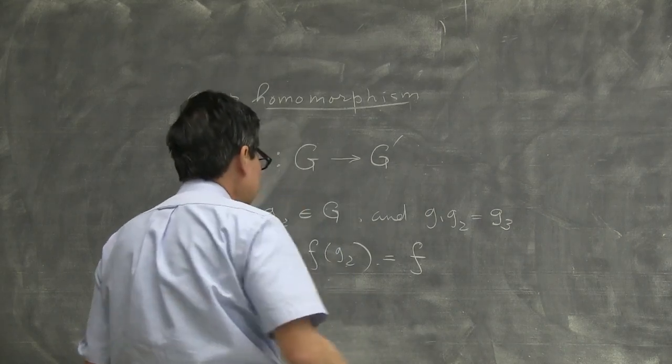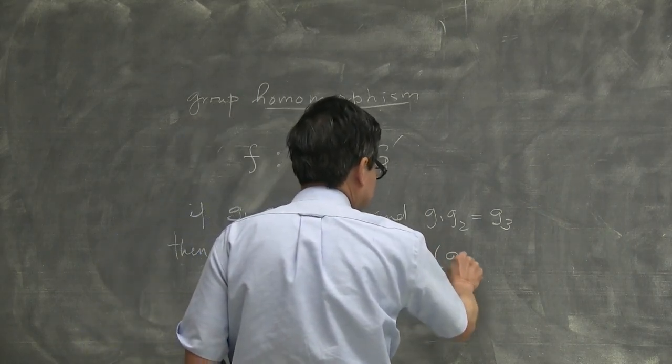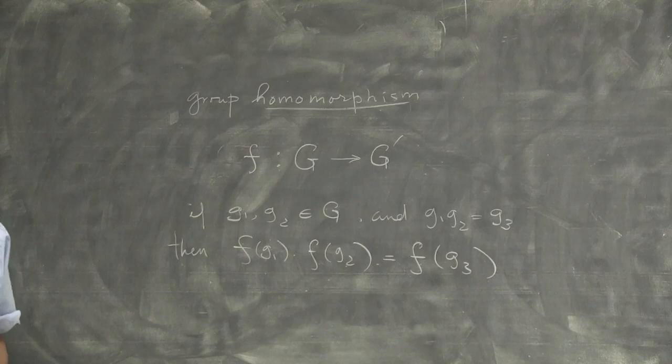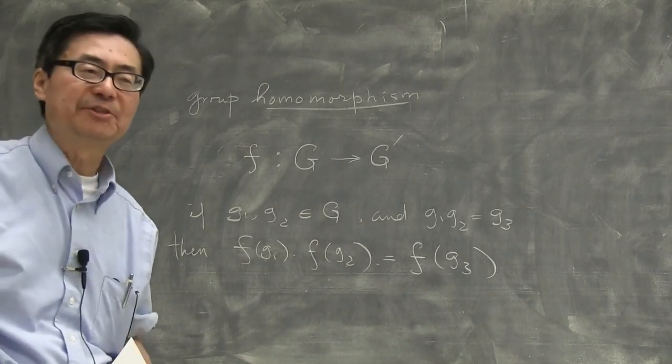It will have to be equal to f of G3. Okay, this is the so-called group homomorphism property.